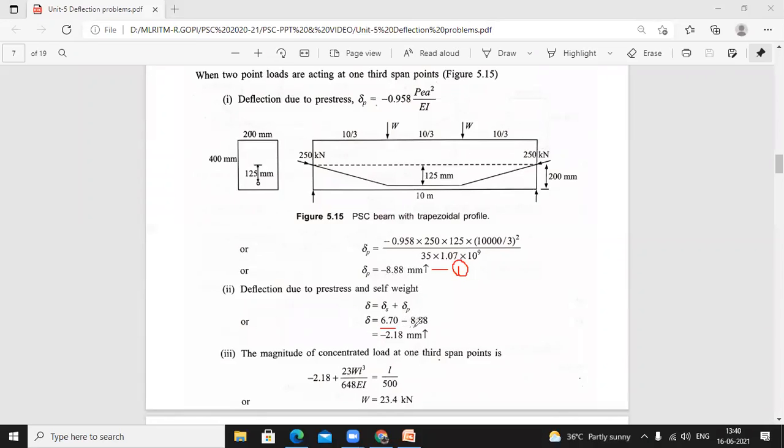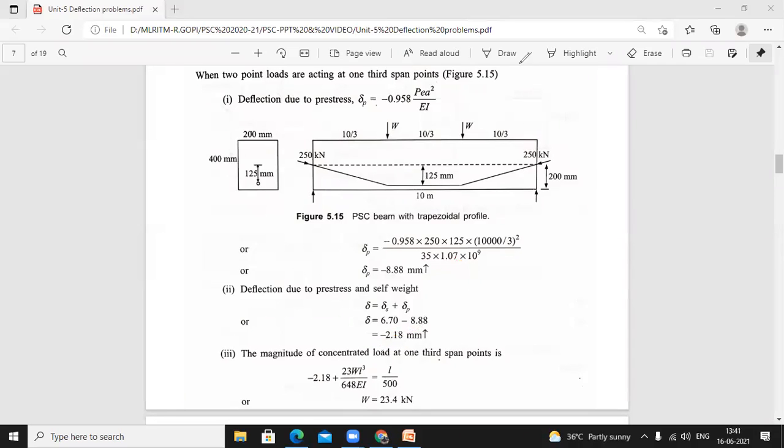So the summation of 6.7 minus 8.88, we got minus 2.18 mm upward. Here the upward deflection is more compared to the self-weight deflection of the beam, so minus indicates upward deflection 2.18.